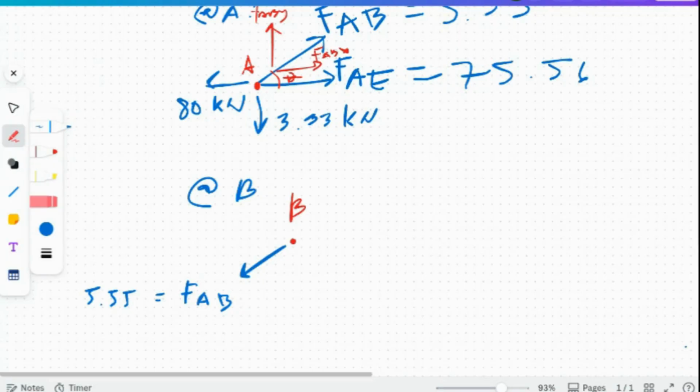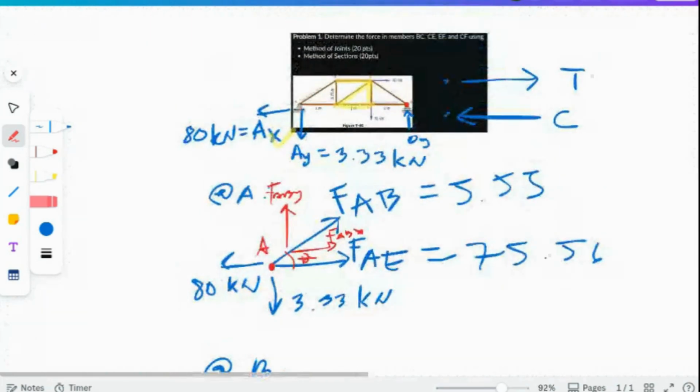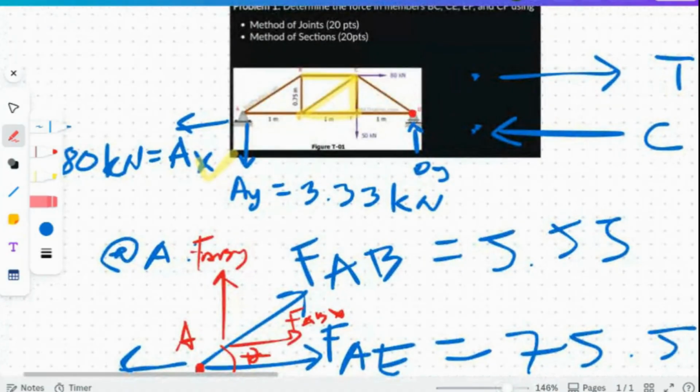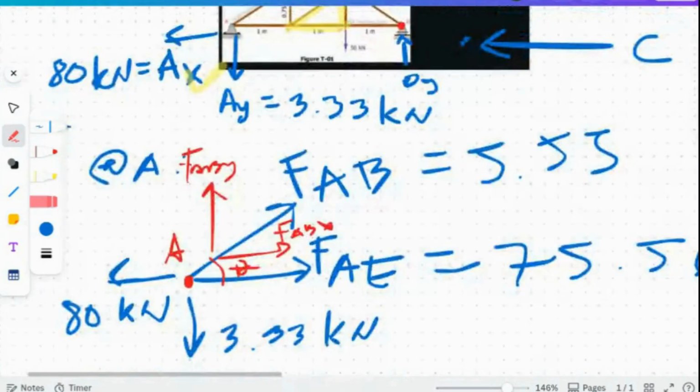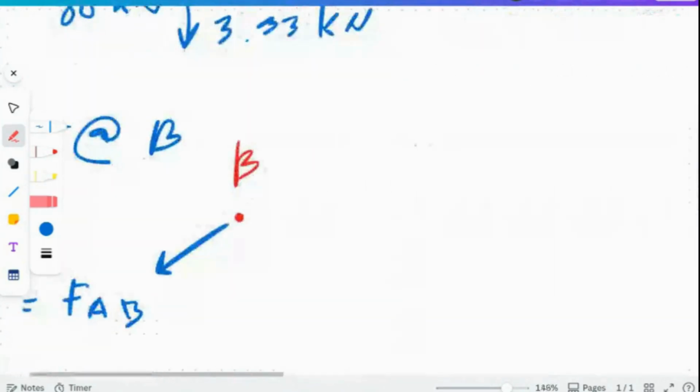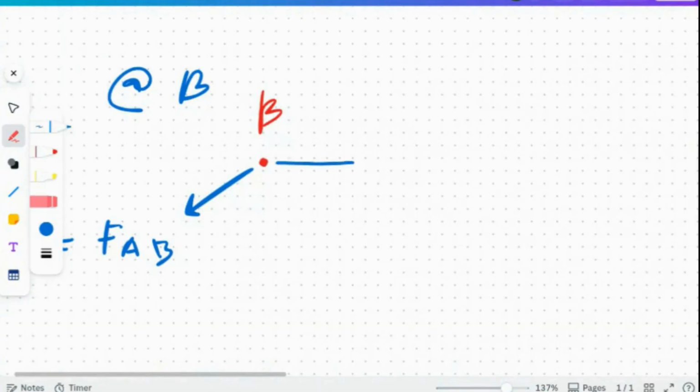Now, new forces are showing: FBC, a force going to the right, an unknown, and FBE, which is also an unknown. So too bad, but that's okay. We still need that. So we call this BC, and we call this BE.